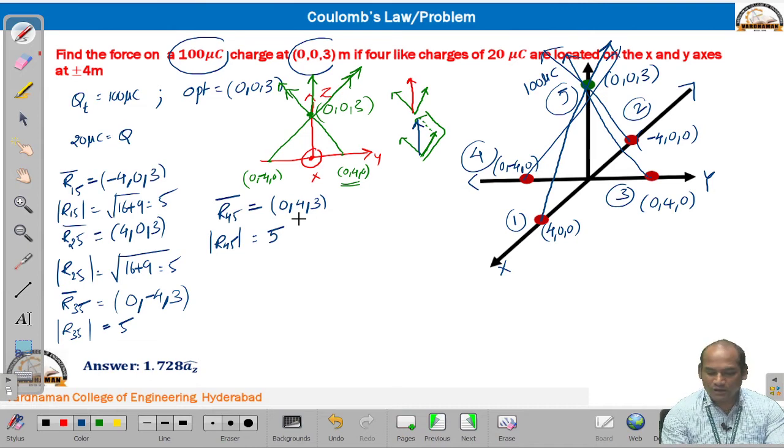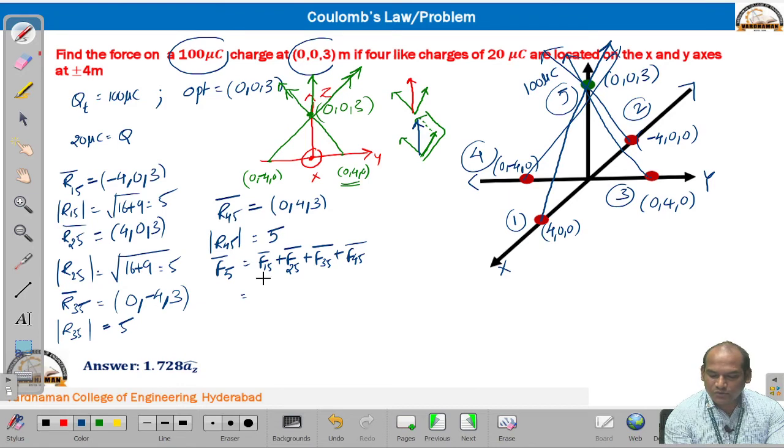Now, you have 4 distance vectors. Now, you can calculate the total force on the fifth charge, that is the test charge of 100 microcoulomb, given by F5 bar is equal to F15 bar plus F25 bar plus F35 bar plus F45 bar.